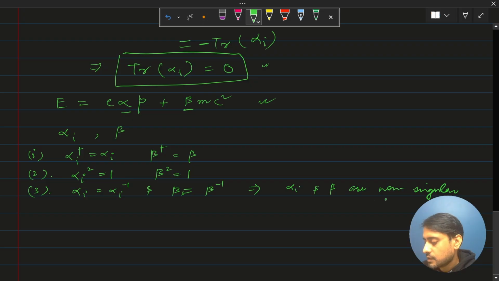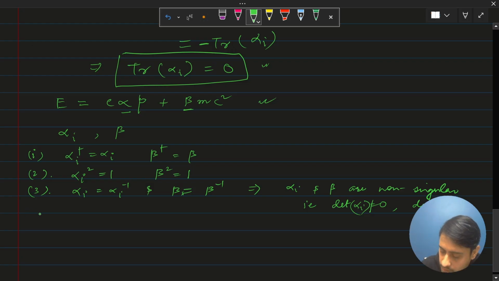That is, the determinant of alpha I is not 0 and determinant of beta is not 0.